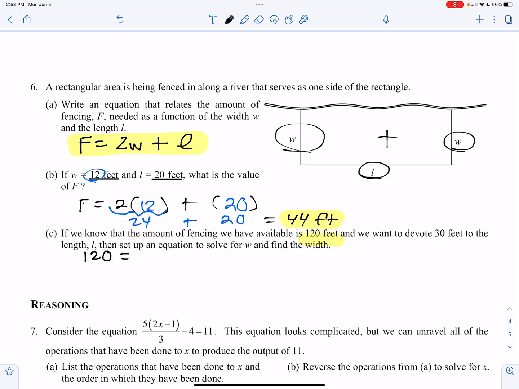Well, if you think about what we have there, what was the equation? 2W plus L. So 2W plus L, but the L, 30 feet of it is devoted to the length. So 2W plus 30. Okay, and then what we're going to do is we're going to solve this equation for W and find how much the width is.